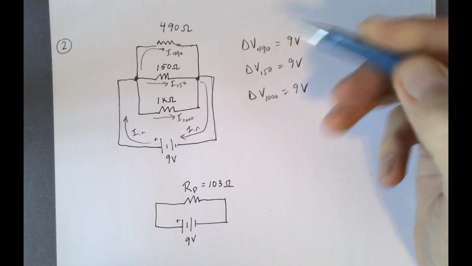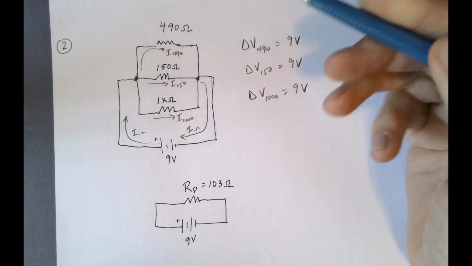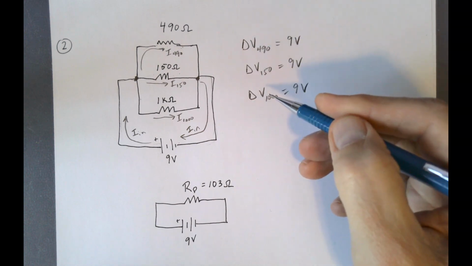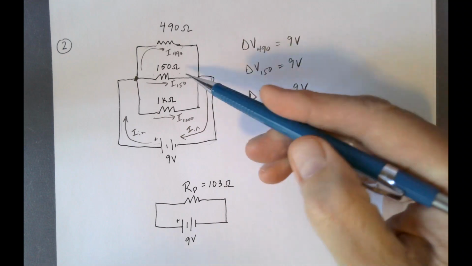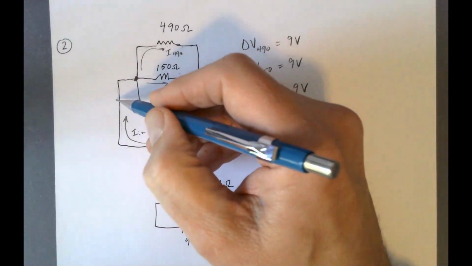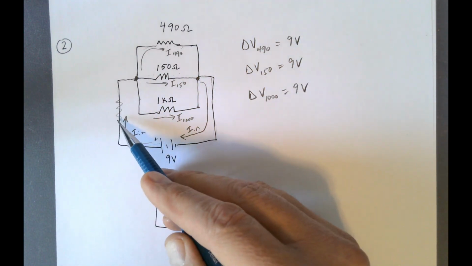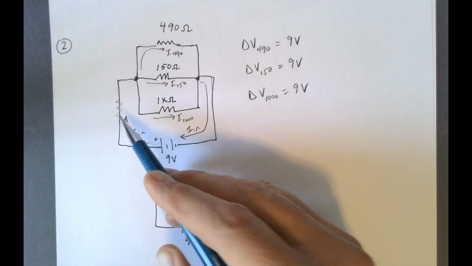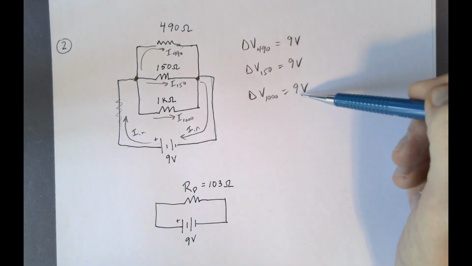And that's simply because of what I just showed you. Now, be really careful here, super careful. This is a pretty simple circuit. If I had another resistor here, for example, I'm going to draw it really lightly, then the voltage drop across each one would not be 9 volts.